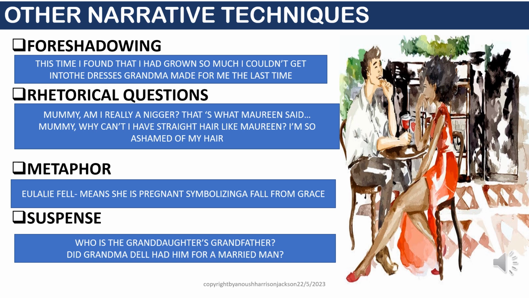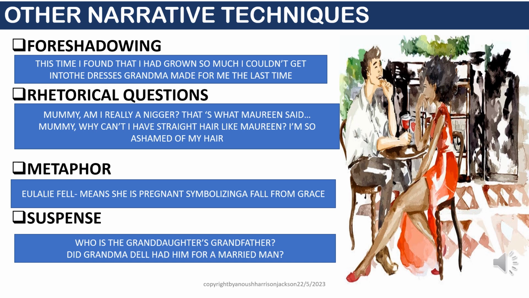And then there's suspense. Suspense is the withholding of information, and throughout this story we saw where the narrator and also the author, Olive Senior, withhold certain important details from us, or information as to who is the granddaughter's grandfather from the perspective of Grandma Dell, and also from Grandma Elaine.